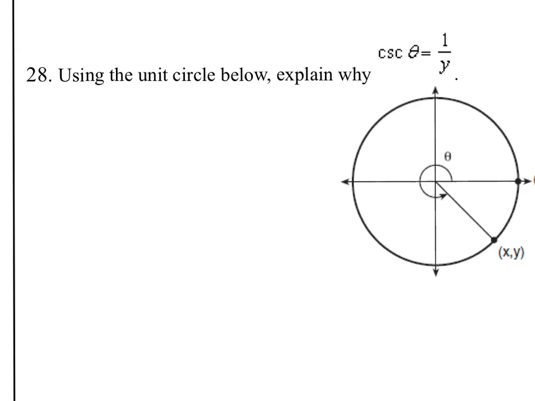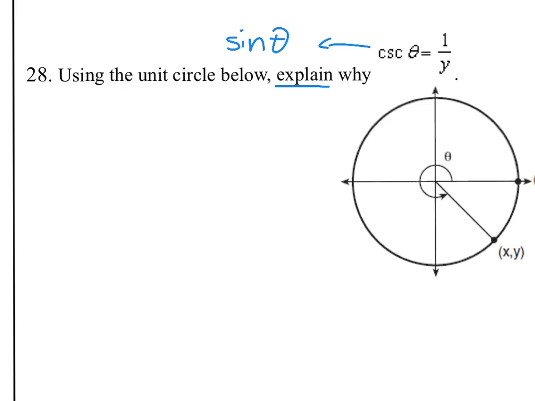28 is similar to number 26 in the sense that it does say to explain, so you're going to have to use words. So what I notice here is they want cosecant, right? They want you to explain why cosecant is equal to 1/y. So I know that cosecant is a reciprocal trig function for sine, right?